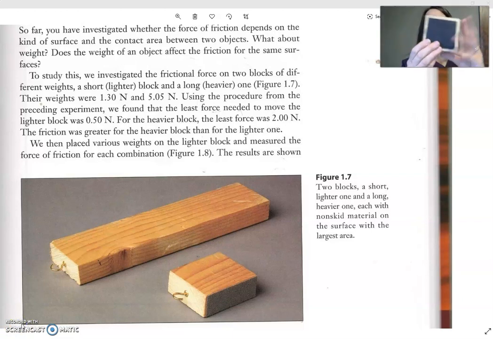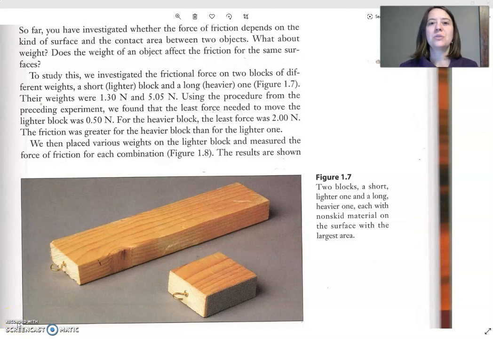This is a rough surface, and different size surfaces, thin, so we will be able to test if the type of surface or the contact area affects friction. And what we will figure out is that it's the type of surface, not the area of the surface, that affects friction.